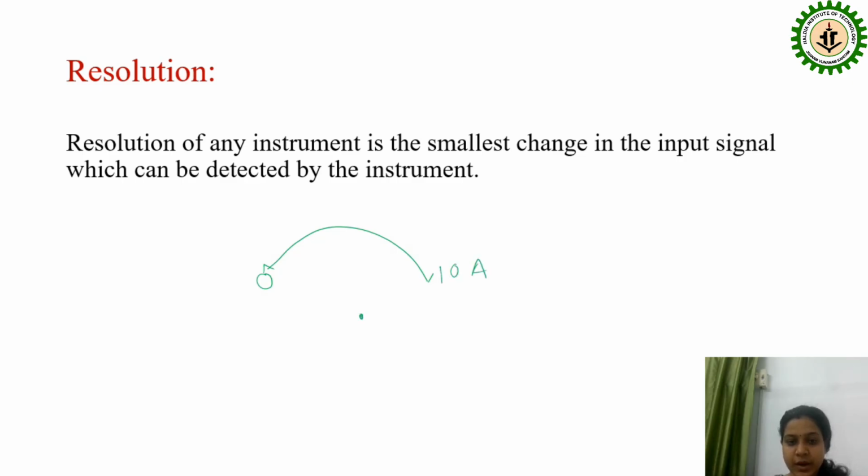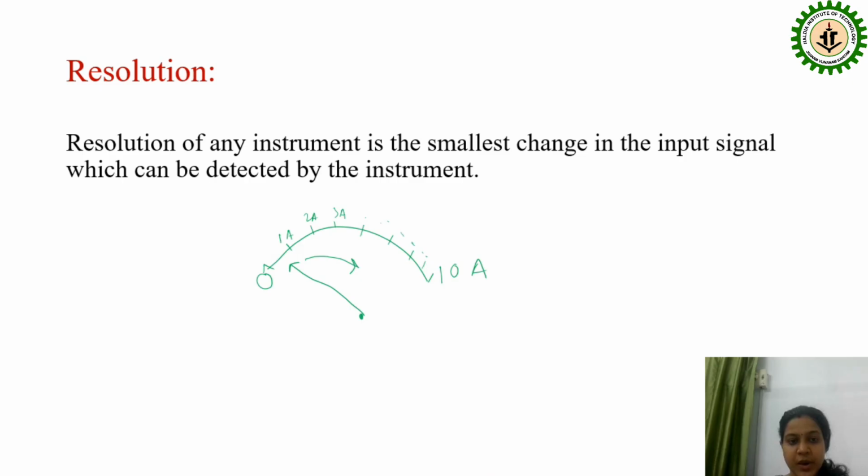This is an indicating device, so there is a pointer which can move over this scale. And this scale is calibrated like this. Let this be 1 ampere, 2, 3 ampere, like this up to 10 ampere.